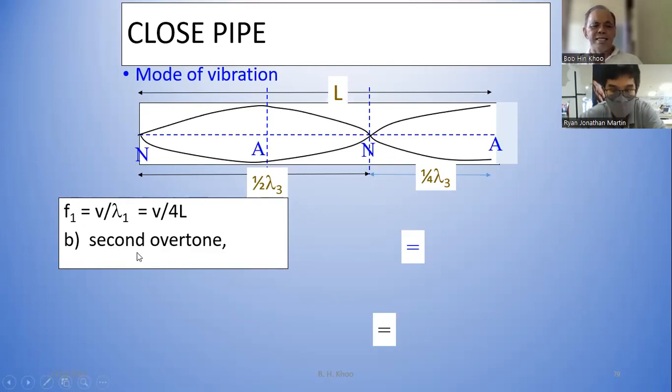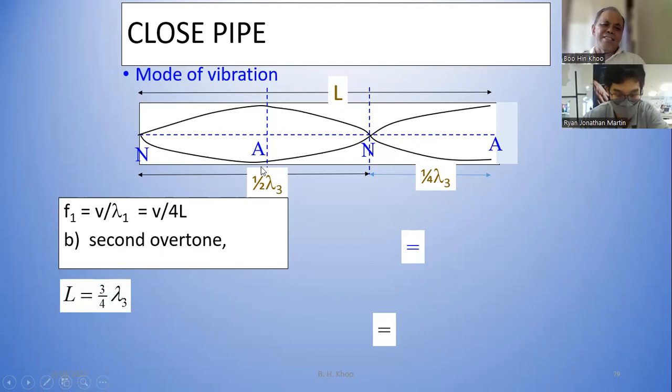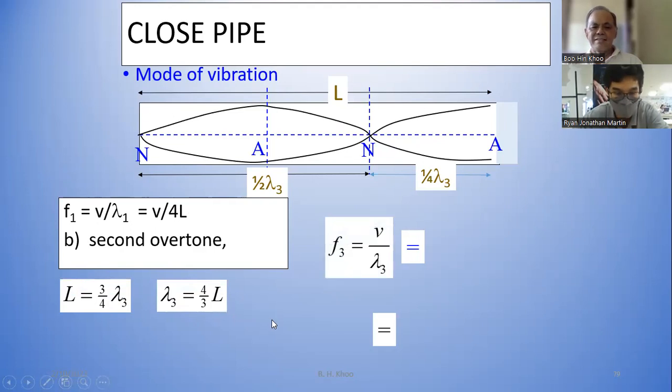Now we come to our second overtone. Don't worry about the term because sometimes it can be very confusing. Different books will call it differently. Okay, so this length is 3/4 lambda 3. So lambda 3, take the 4 across there, take the 3 down, is 4L over 3. And F3, we don't have F2, so we call it F3.